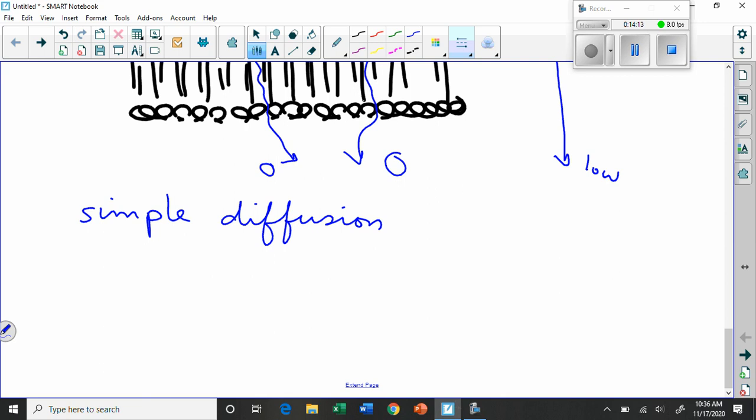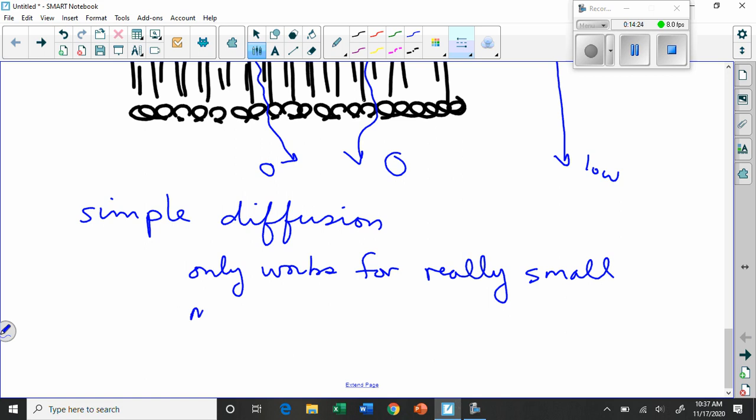So simple diffusion only works for really small molecules. These small molecules would be, for example, oxygen gas. Carbon dioxide is also pretty small, right? And then we'll talk about water later, because it's a whole different process, but water can also move pretty easily through a membrane. So small things.